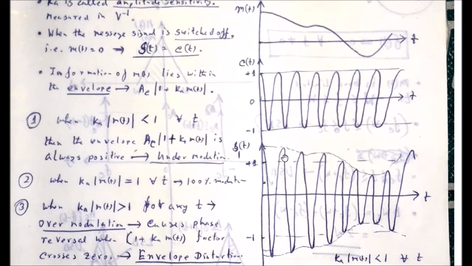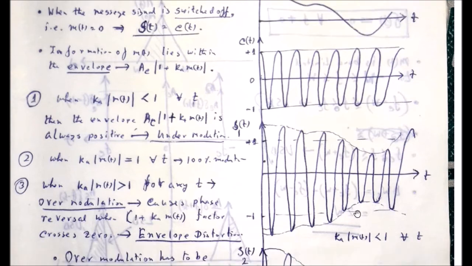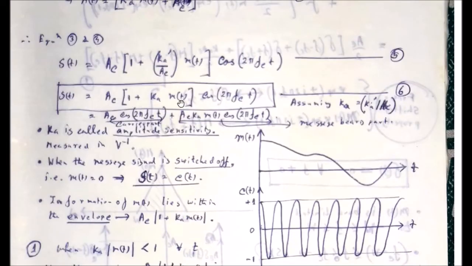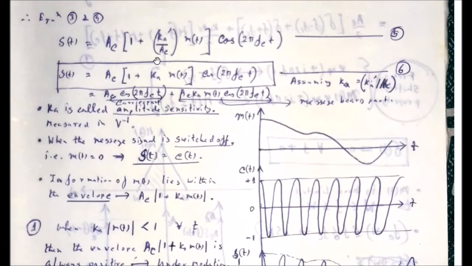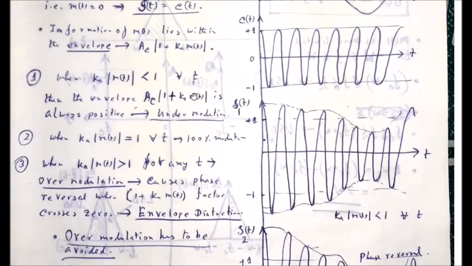That's why this positive envelope will always remain within the first quadrant and the negative envelope will always remain in the fourth quadrant. No quadrant change will occur. That means this envelope will not cross the time axis if this factor is always positive. It is ensured by the term Ka m(t), whose magnitude should always be less than 1.